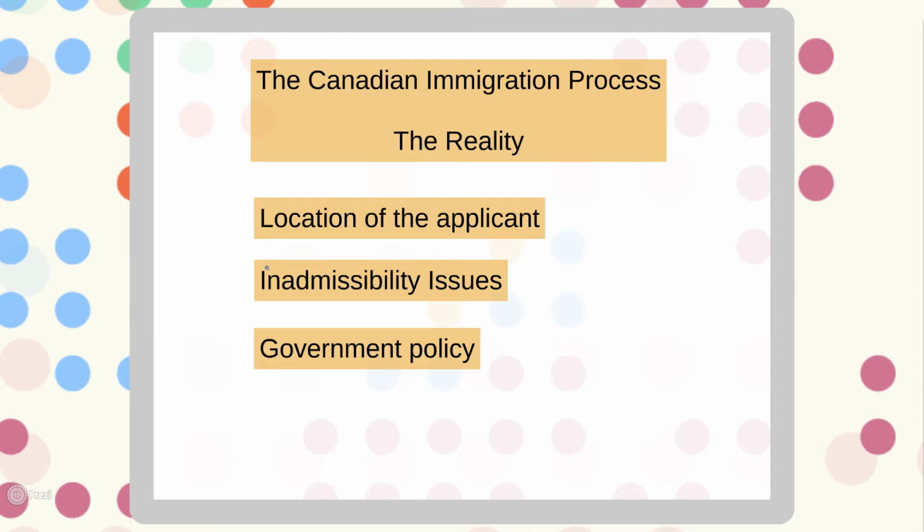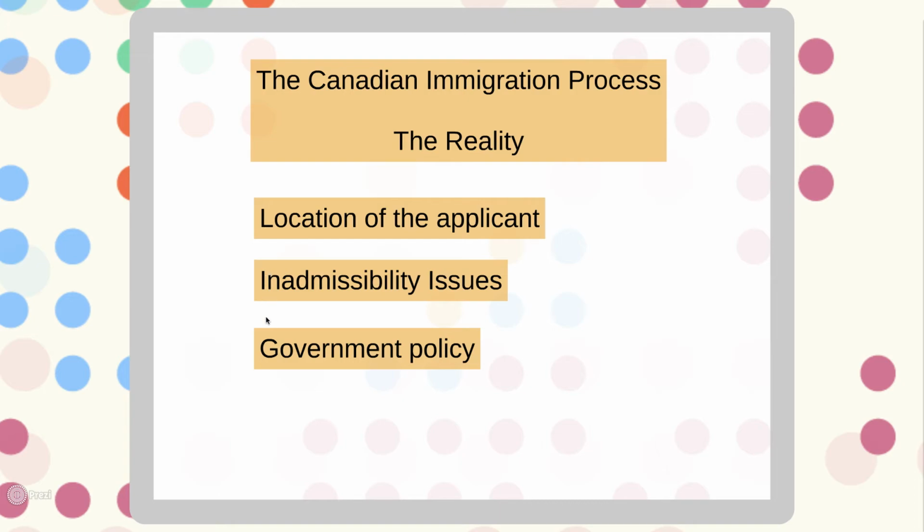Inadmissibility issues are also a big factor. There are criminality issues that can affect a person's admissibility to Canada. There's also medical admissibility. If they have any health concerns, they may also not be admissible. And lastly, financial inadmissibility. You do have to show that you have enough money in most cases to come to Canada in order to get a temporary or permanent visa.